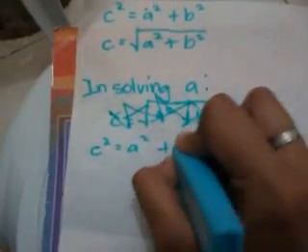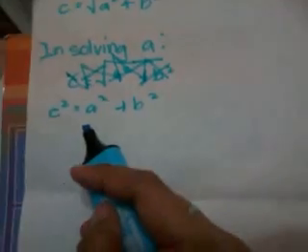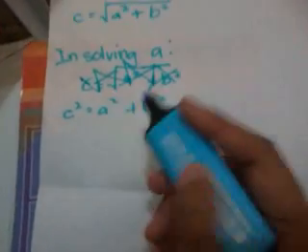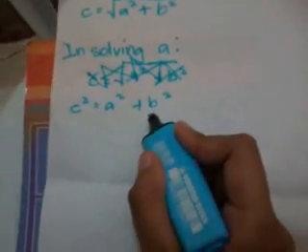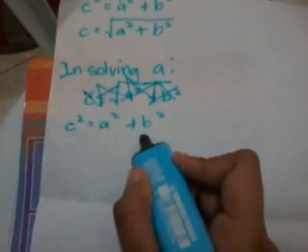C squared is equal to A squared plus B squared. So in solving the altitude, or the opposite side, you must transpose letter B to this side.